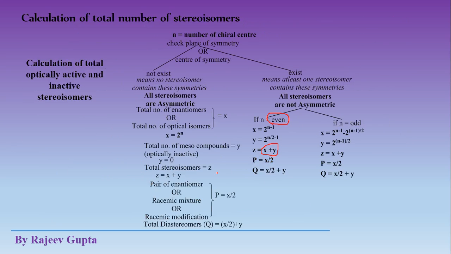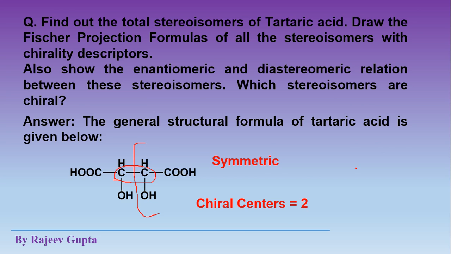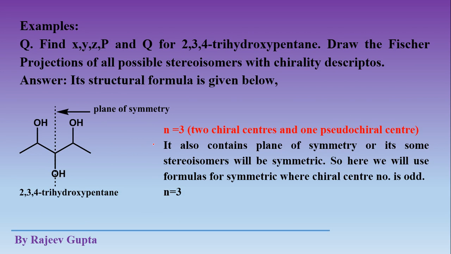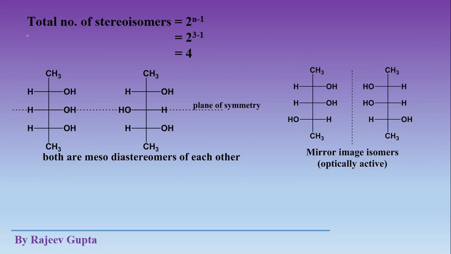Because n equals 3, it is odd, so these are the formulas for X, Y, Z, P, Q. These formulas will be applied and we can find out all the values X, Y, Z, P and Q. It also contains a plane of symmetry, so the stereoisomers are symmetric. The formula, as we said, we will apply.